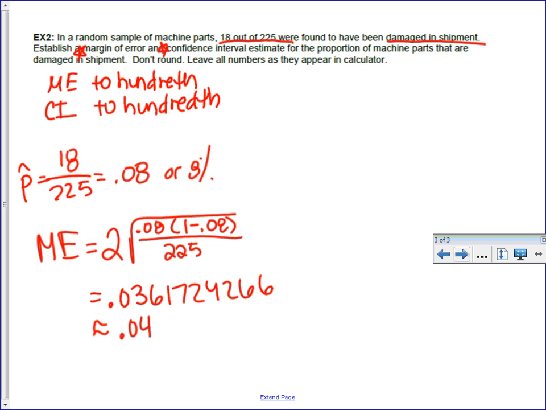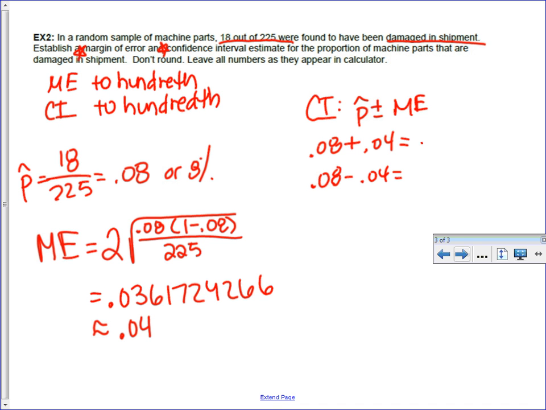So let's think about this confidence interval. To find the confidence interval, we just take our sample proportion and we add and subtract the margin of error. So our sample proportion is 0.08. We are going to add the margin of error, and we are going to subtract the margin of error.